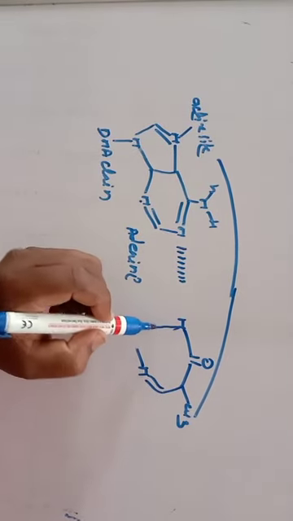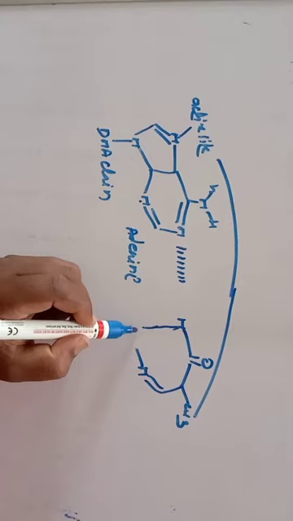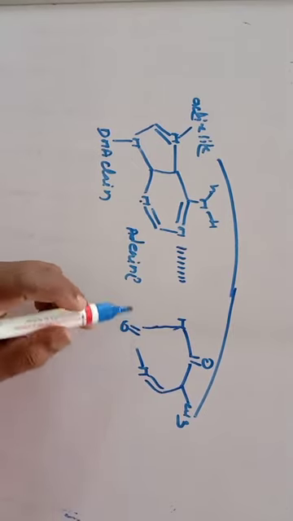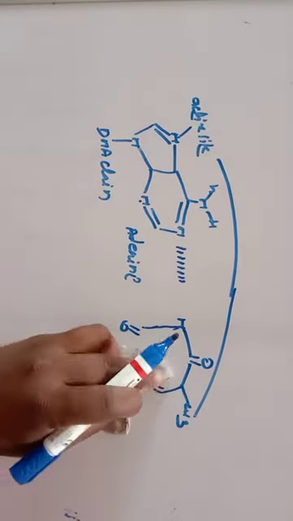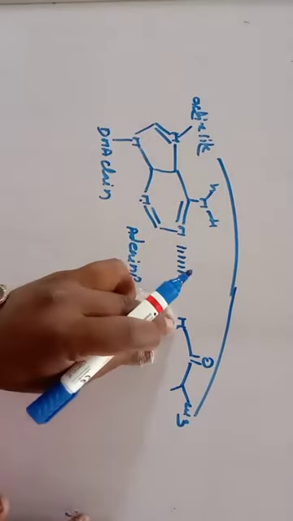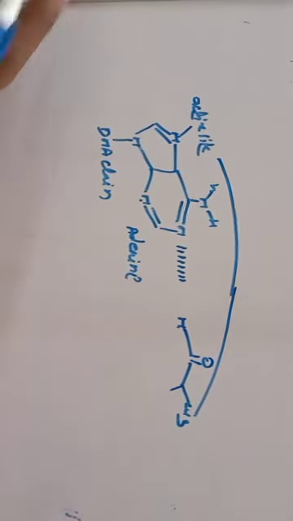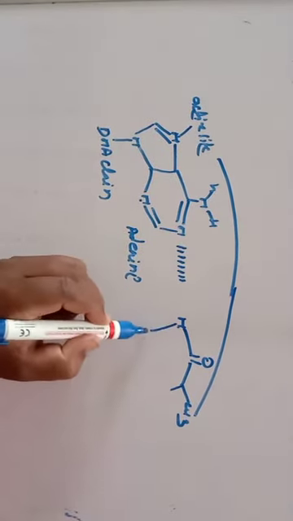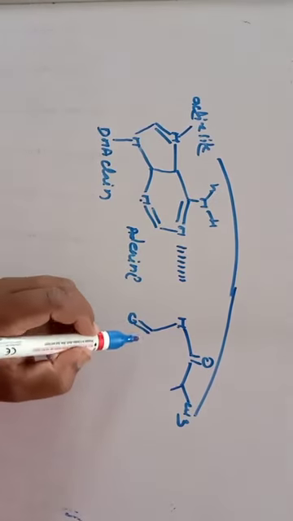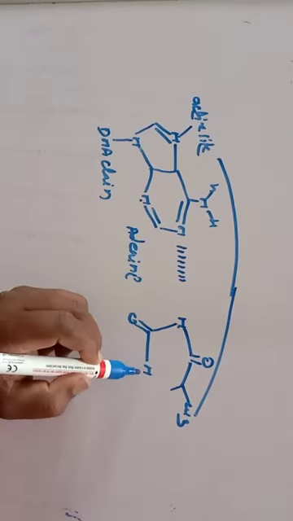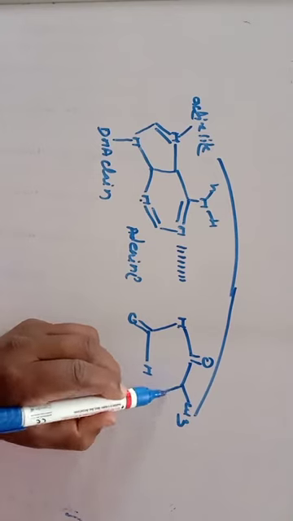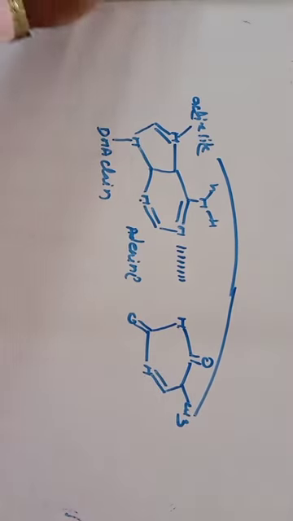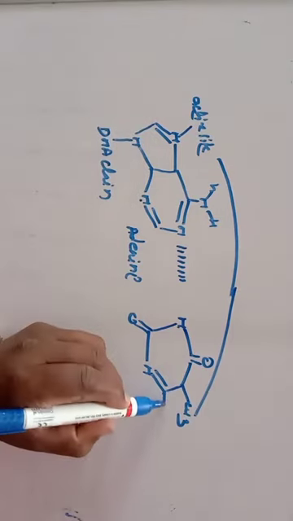This nitrogen is attached to this nitrogen, which is attached to double bond O and double bond N. This is your hydrogen.